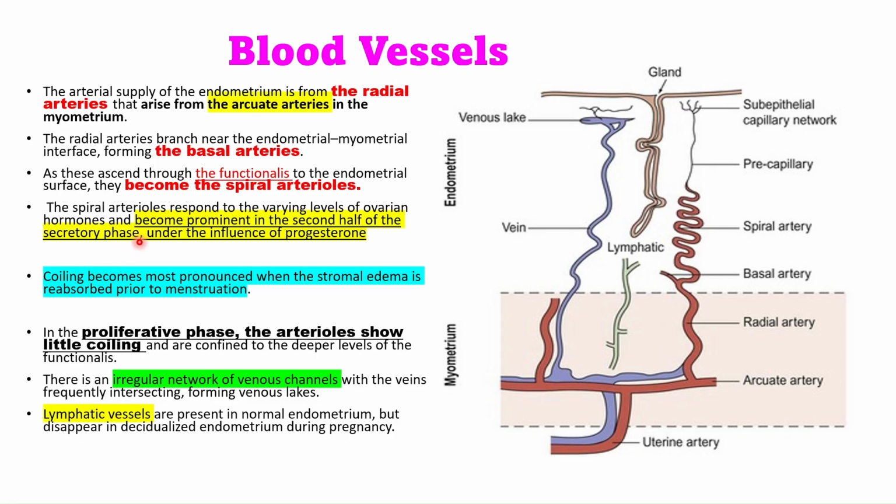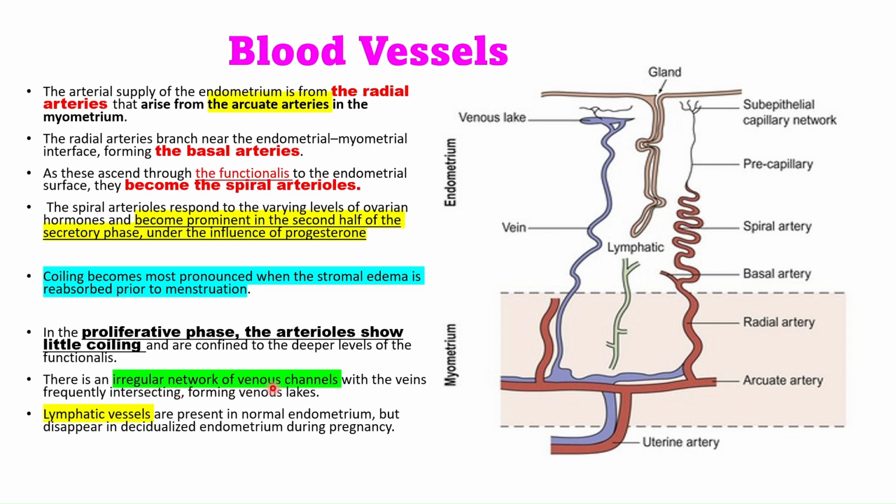In the secretory phase, under the influence of progesterone, the spiral arterioles become prominent and coiling becomes more pronounced when the stromal edema is reabsorbed prior to menstruation. In the proliferative phase, these arterioles show little coiling and are confined to the deeper level of the functionalis.